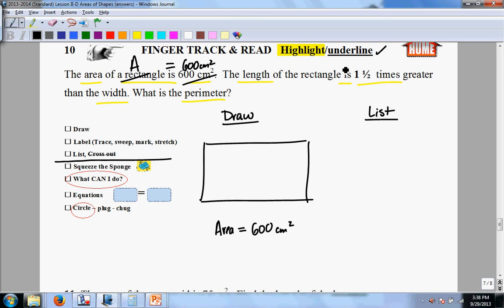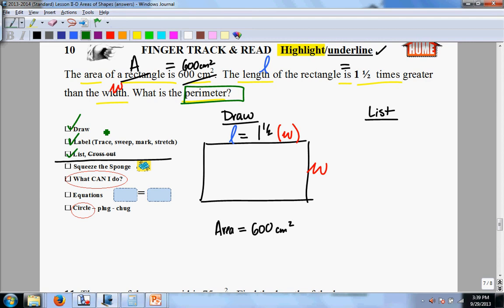Length of the rectangle is, there's an equal sign, length is 1.5 times greater than the width. So if this is our width, the length is 1.5 times greater than the width. That's a times, not a plus. And we're asked to find what is the perimeter.